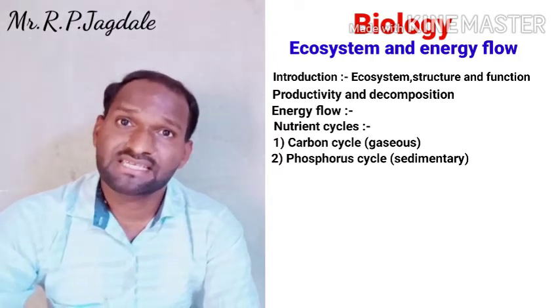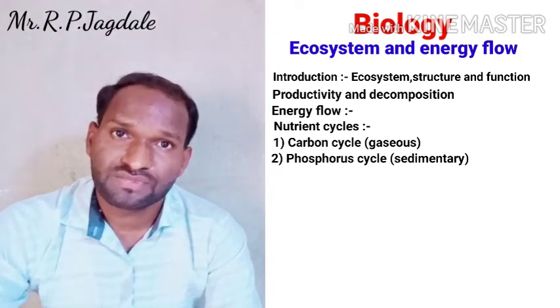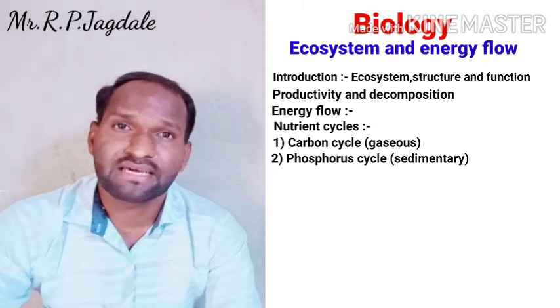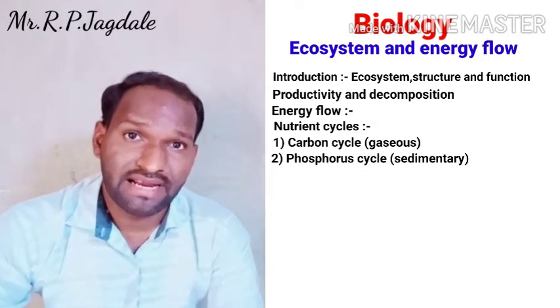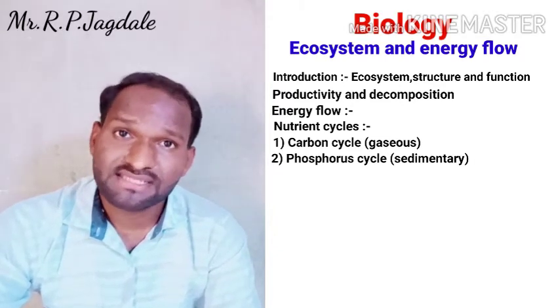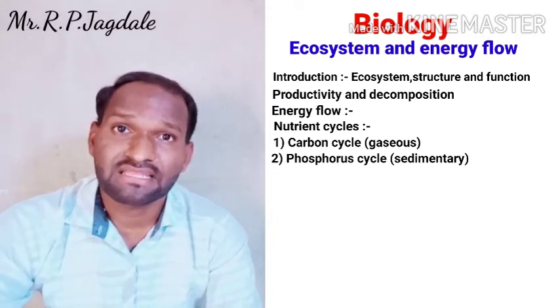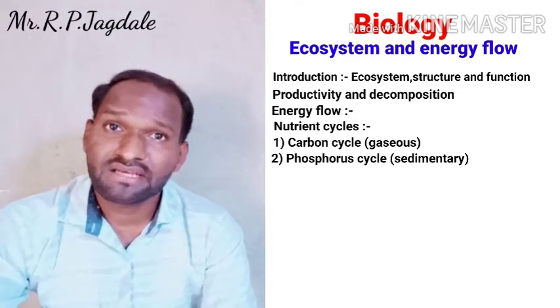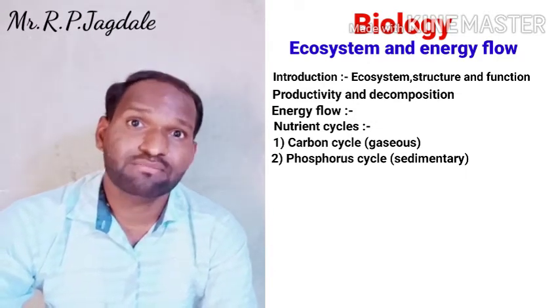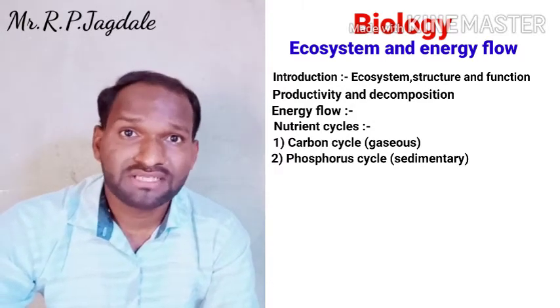In the gaseous type of nutrient cycle, there are many examples like the nitrogen cycle and carbon cycle. These are the gaseous type of nutrient cycle. The sedimentary type of nutrient cycle has the phosphorus cycle as an example.